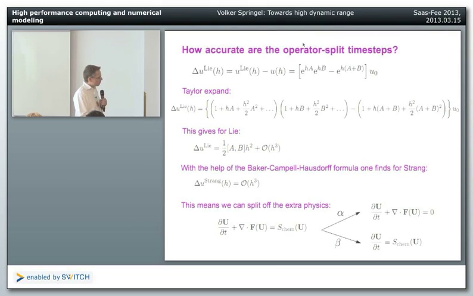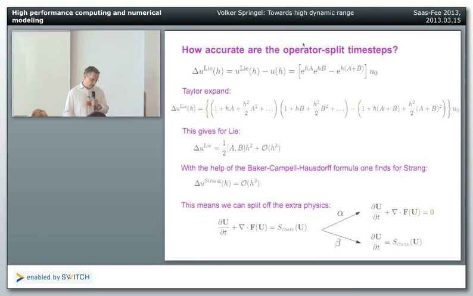And so I can, for example, say my alpha evolution is the evolution under the flux divergence, which is the Euler dynamics, and the other is maybe the evolution under some chemistry. And then for that very same reason, you can now decouple these two processes and time integrate them in the Strang split fashion, which effectively means that you first do, say, a hydro step, ignoring all the extra physics, and then you do the extra physics ignoring the hydrodynamics.